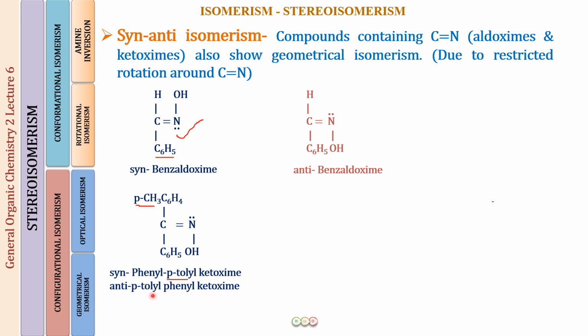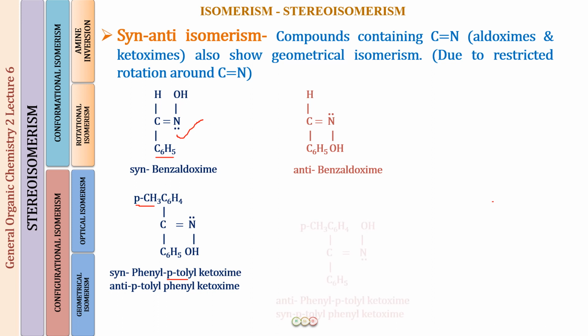The one you are writing first, you will be mentioning that it is anti or syn to the OH group. Similarly, if I write phenyl group first, the phenyl group and the OH are on the same side of the carbon-nitrogen double bond. So you will be calling this syn-phenyl para-toluene ketoxime.